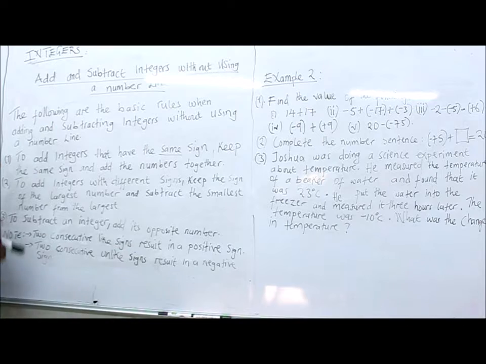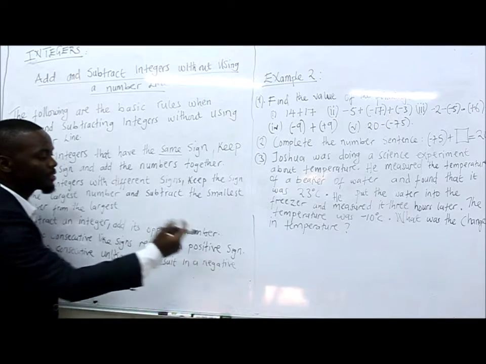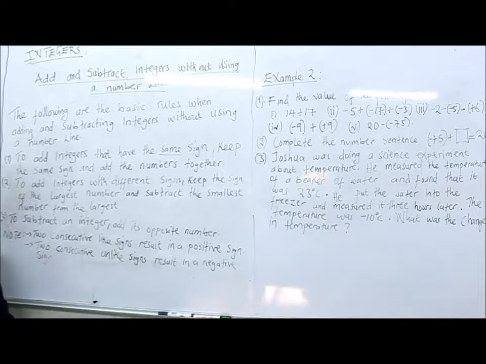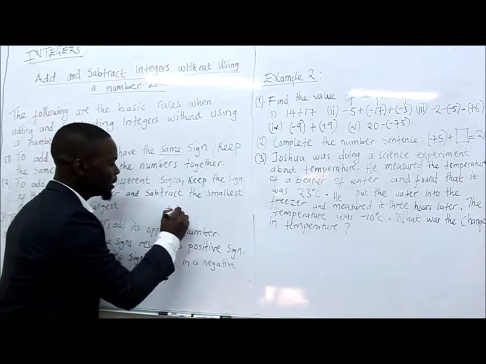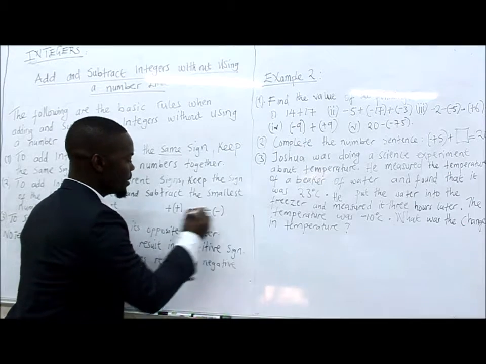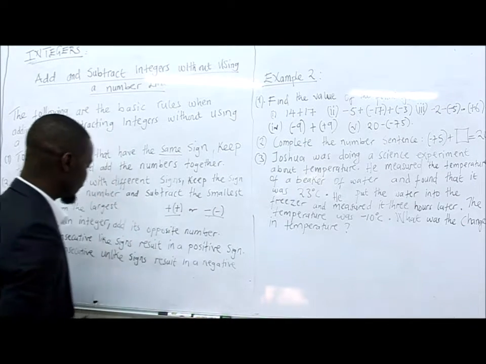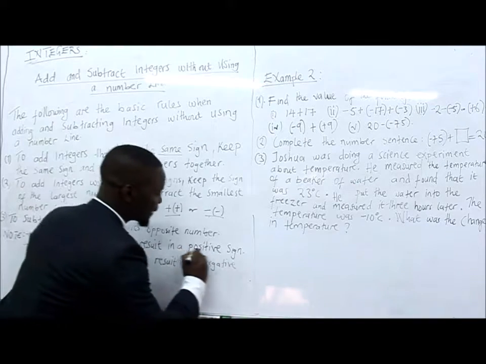What you must know when adding and subtracting numbers, this point is very important. Note: two consecutive like signs result in a positive sign. Two consecutive signs are signs which are following each other, this or this. So this results in a positive sign.